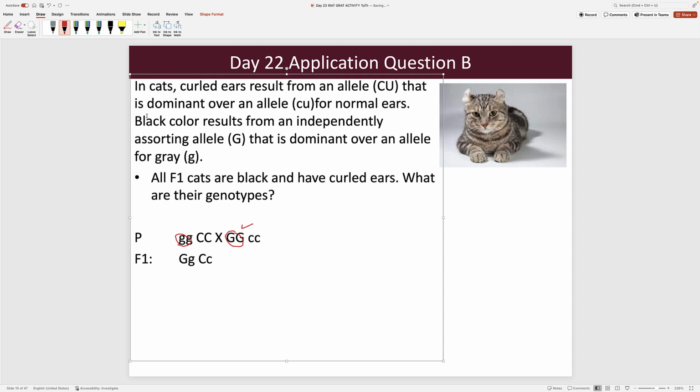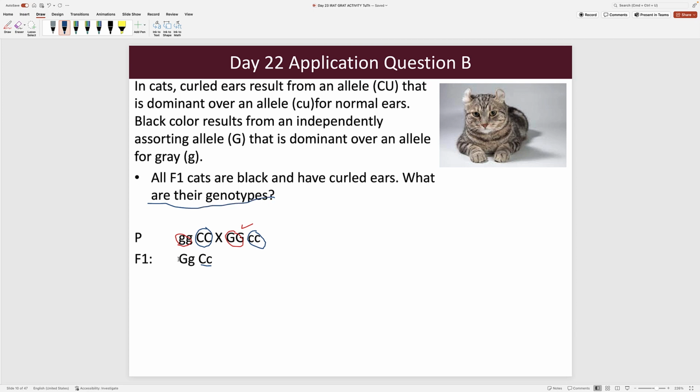Same is true when we look at this second set of alleles. This parent can only give a big C allele, and this parent can only give a little c allele to their progeny. So we know that the progeny have to be big C, little c. So we know that the genotypes of the F1 have to be big G, little g, big C, little c.